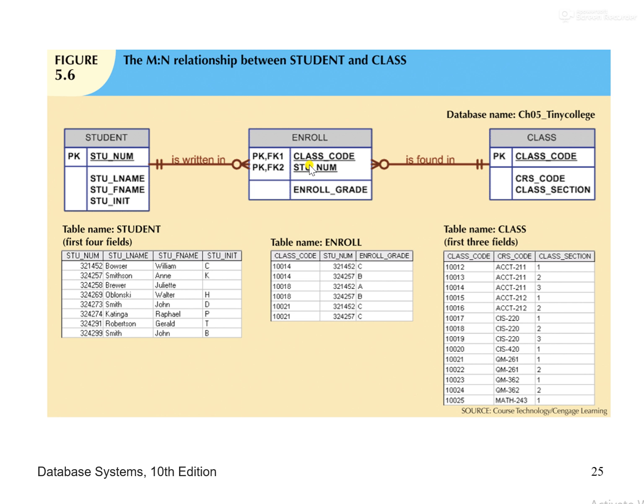So this new entity that we add over here, it is a composite entity identifier, and in this entity its primary key is a composite primary key because it consists of two attributes, class code and student number. Class code is the primary key of class and student number is the primary key of student. So in that case, yes, it is allowed to use a composite primary key, or it is useful.